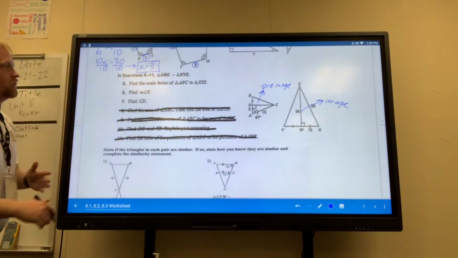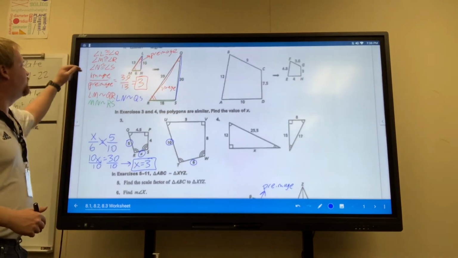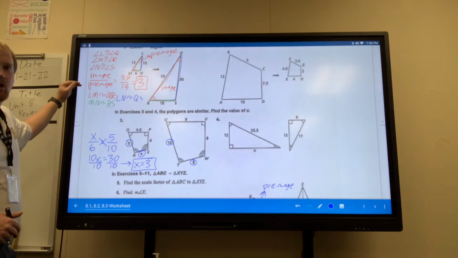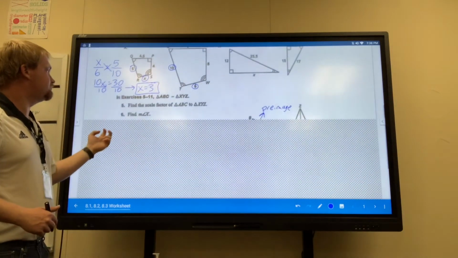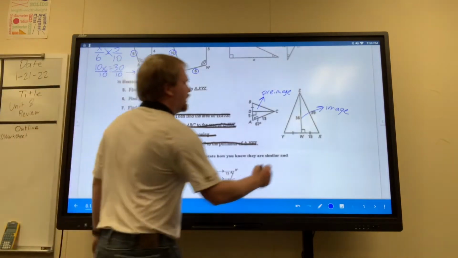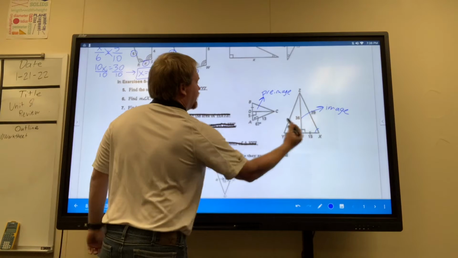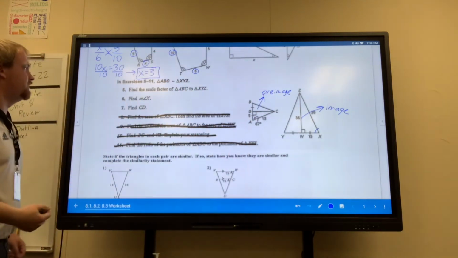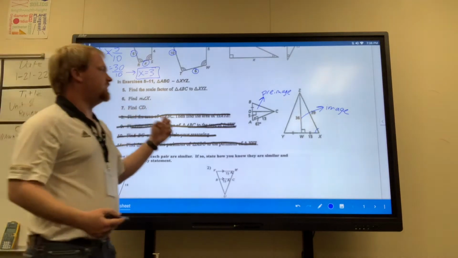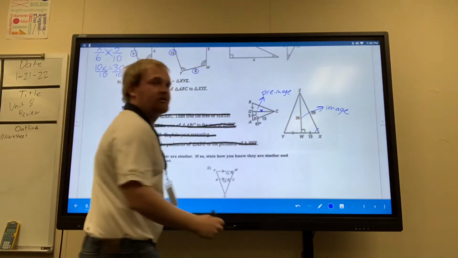Just remember that it's the image over the pre-image, and that's how you get the scale factor. You're going to figure out what angle X is, which means we have to know if angle X is congruent to B, A, or C. It's going to be one of those three. And CD is right here, so you have to figure out what this X is.